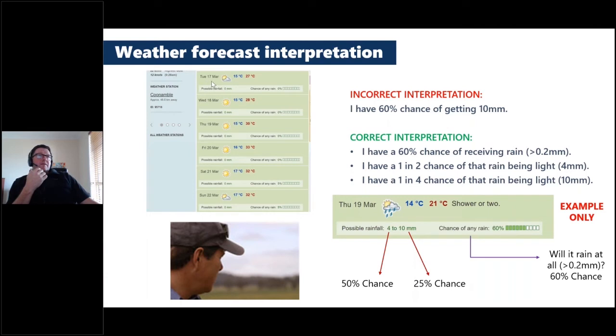So what I've got here is an older forecast for Quambone in March, where we had a little bit of rain forecast. We're looking here at this box, Thursday, the 19th of March. They give you a possible rainfall range of 4 to 10 millimeters, and the chance of the rainfall is 60%.